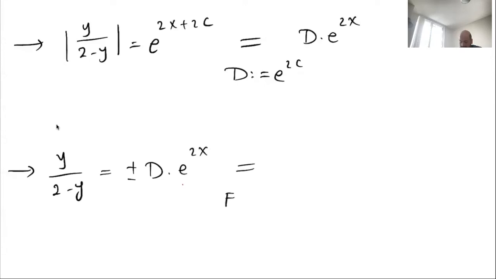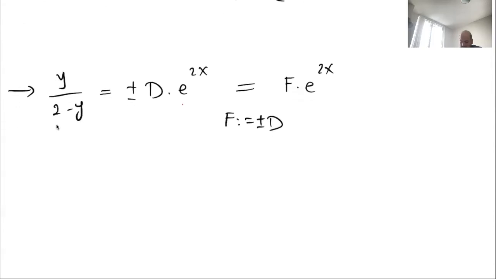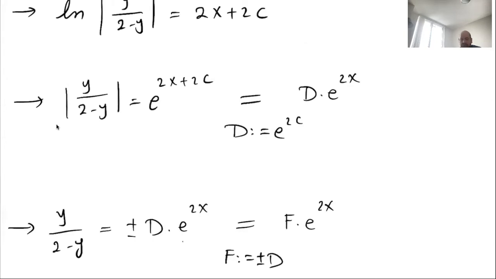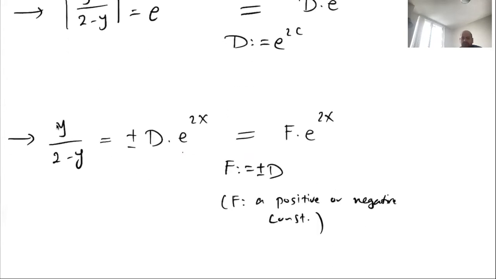Plus minus d, if I call it f, then I'll have f times e to power 2x. And here f is a positive or negative constant, because d is e to power 2c, which is a positive constant, and f is plus or minus d, so f is a positive or negative constant.